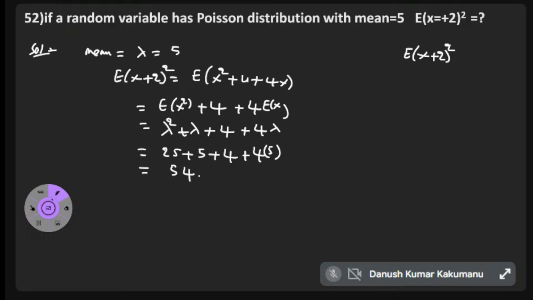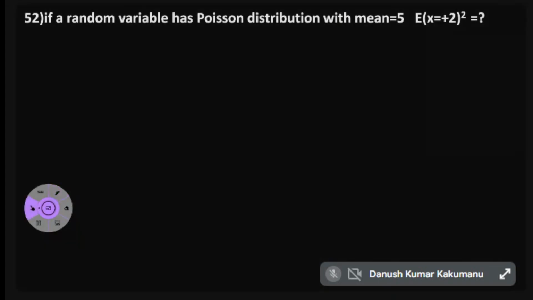There is some typo here; the equal symbol is not required. The answer is 54. If you are not recollecting lambda square plus lambda, it would be tough for you. Recollect the Poisson distribution formulas.